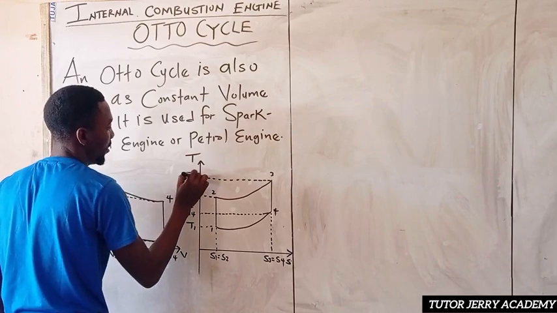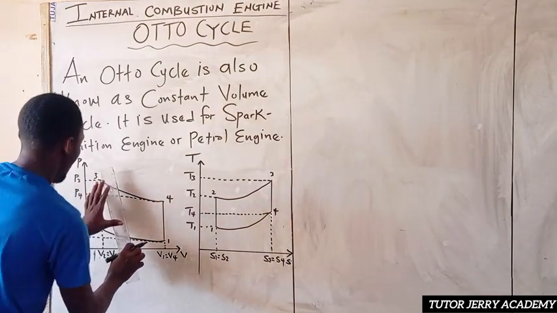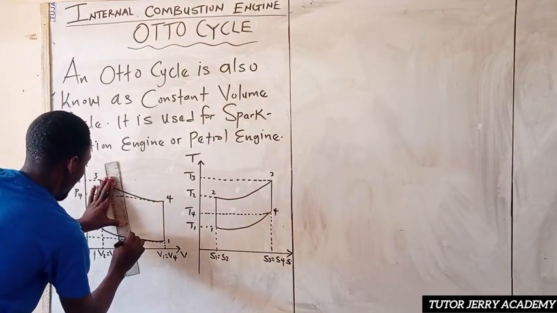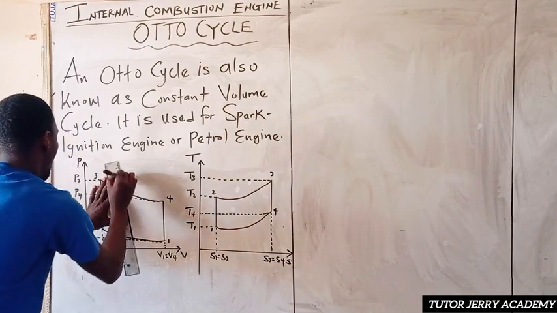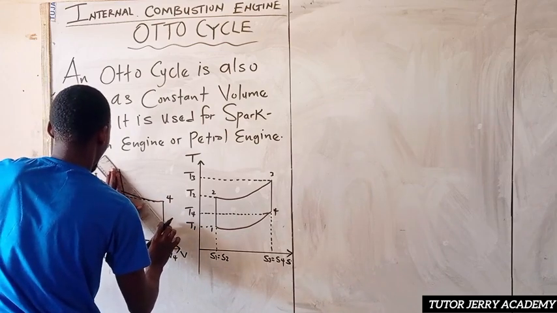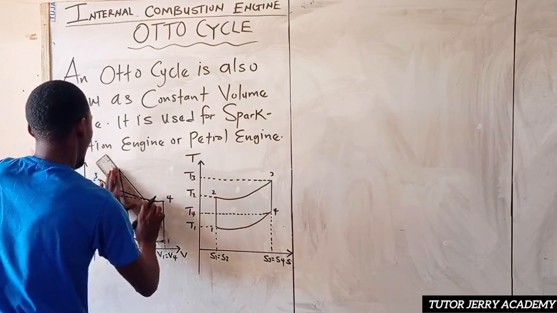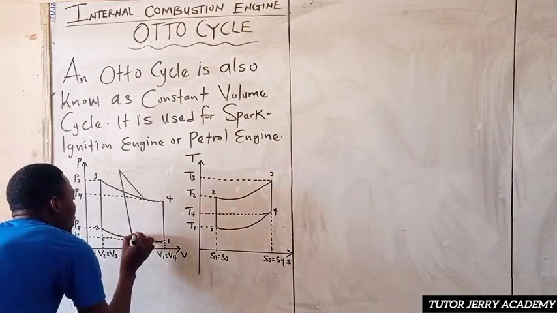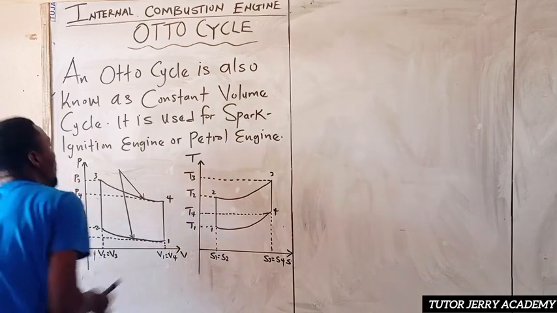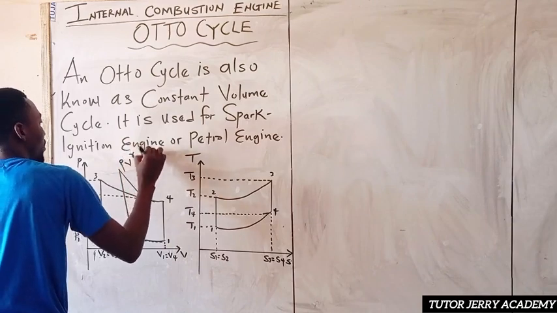And T3. So here we have this, we have this. So we have our PV^gamma equals constant.